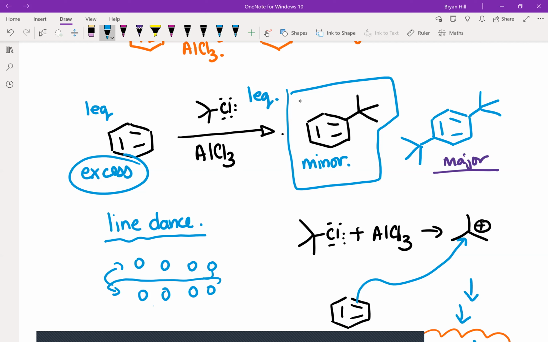So even if you've got a carbocation which is easy to form, there's still some side issues associated with that. So this alkylation reaction has some challenges to it. But because it's making a carbon-carbon bond, chemists have tried to overcome these challenges.